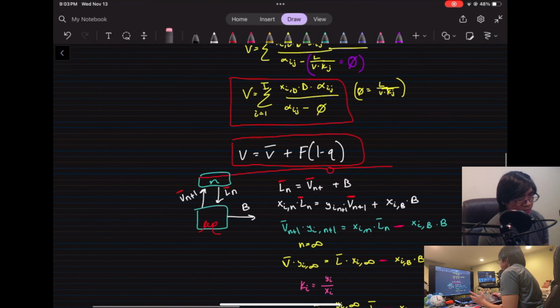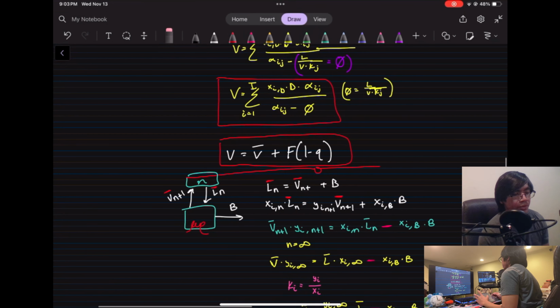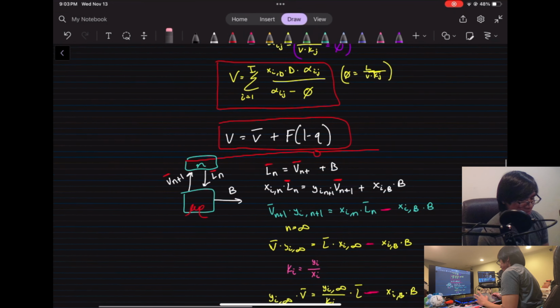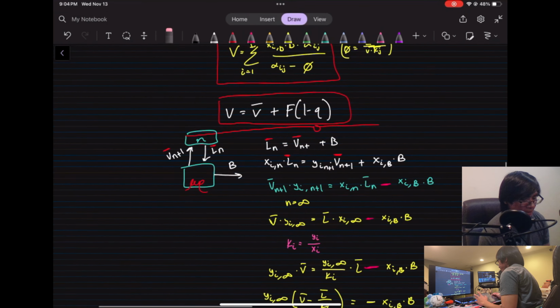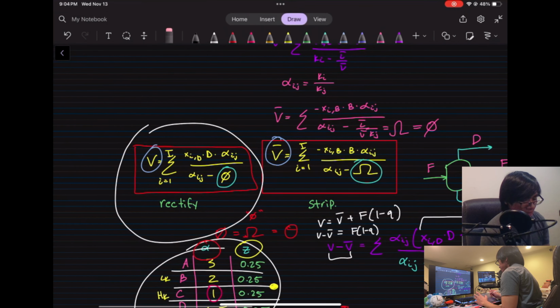And then we have this second term here, which I circled in pink.